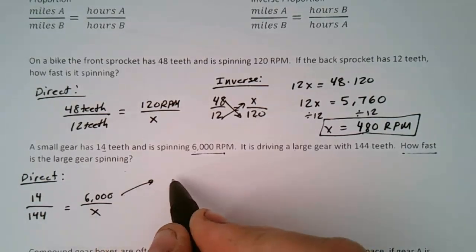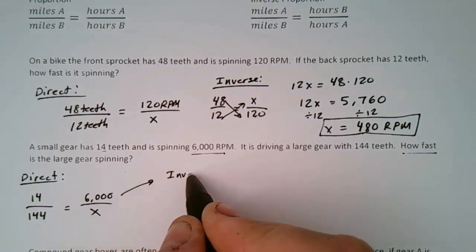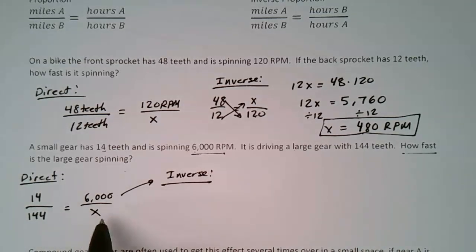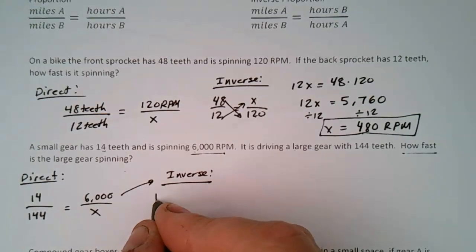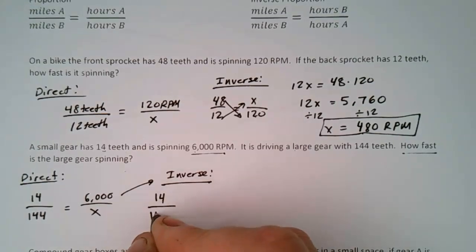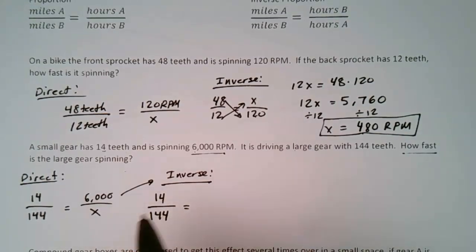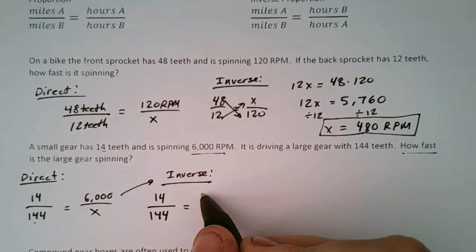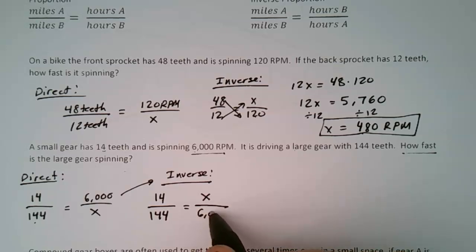You're going to come over here, and the inverse proportion is going to be the exact same equation, except you take this side and flip it. So it's going to be 14 over 144, small over large, equals large over small.